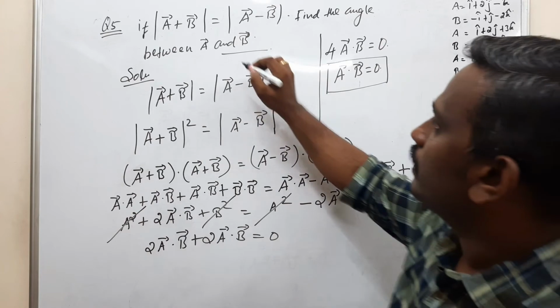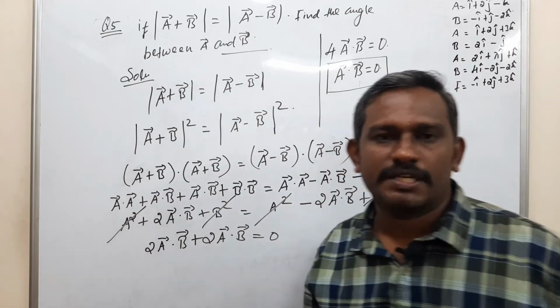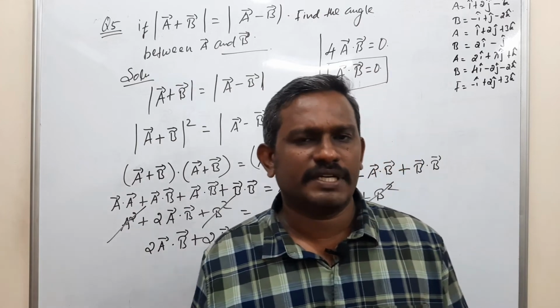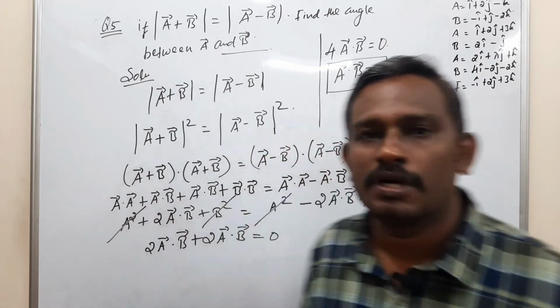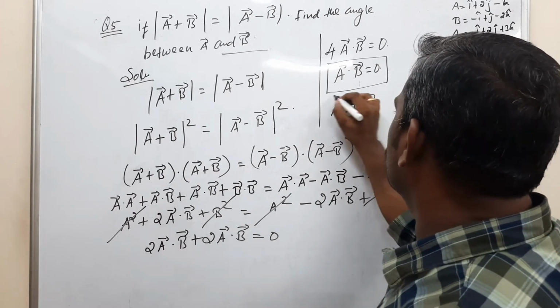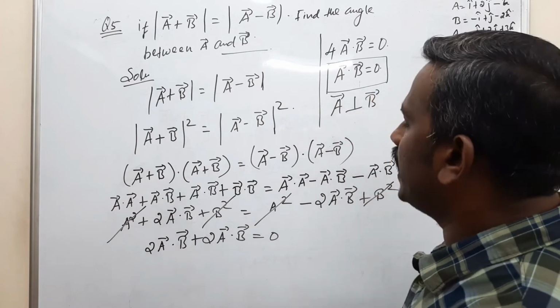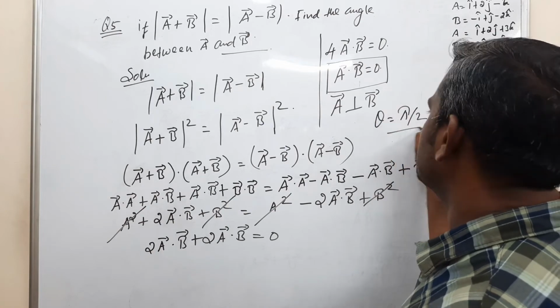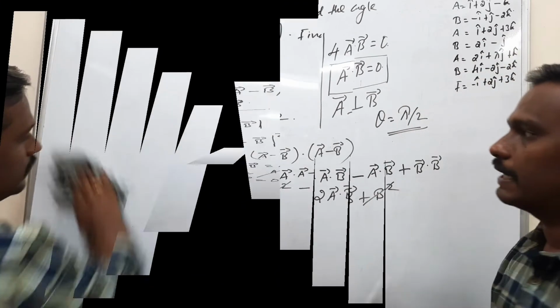What we have to find? Find the angle between A vector and B vector. If the dot product A vector dot B vector is equal to 0, immediately we can write A vector is perpendicular to B vector, or the angle between the vectors, theta, is equal to pi by 2. Clear?